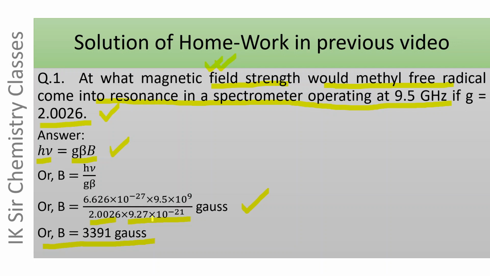It means methyl free radical will come into resonance at an applied magnetic field strength of 3391 Gauss in a spectrometer which operates at 9.5 gigahertz.